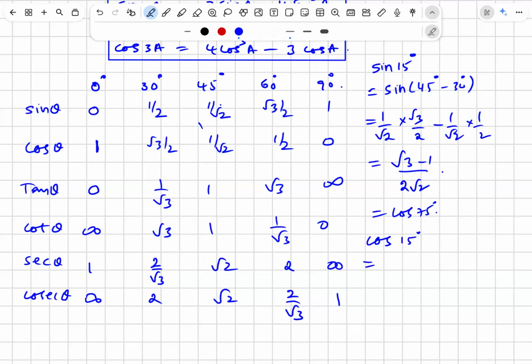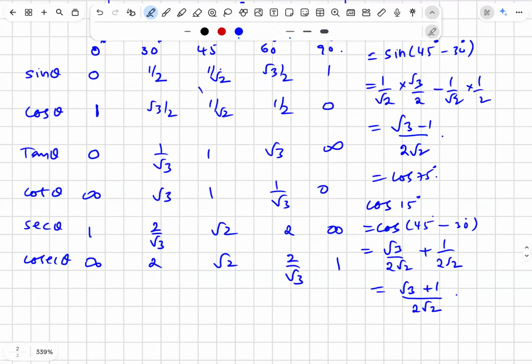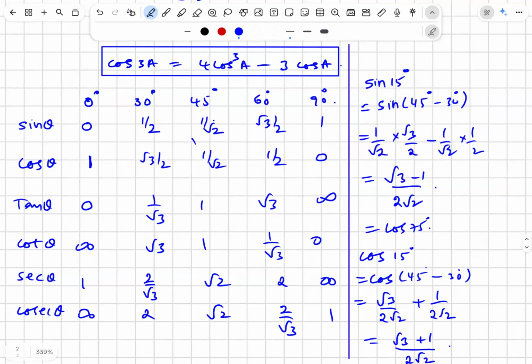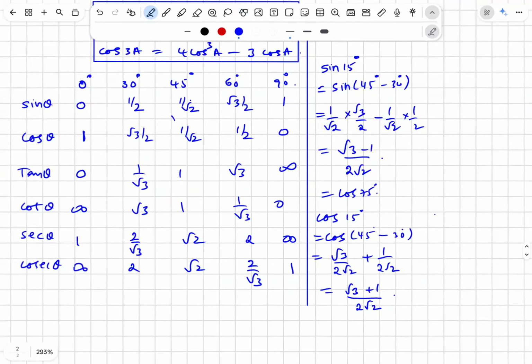Cos 15 is cos of 45 minus 30: cos 45 cos 30 plus sin 45 sin 30, which gives root 3 plus 1 by 2 root 2. So same as sin 75.